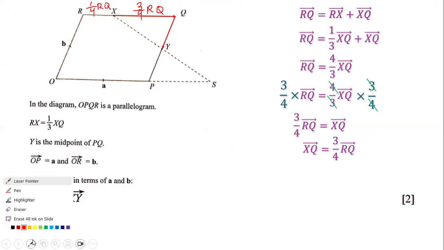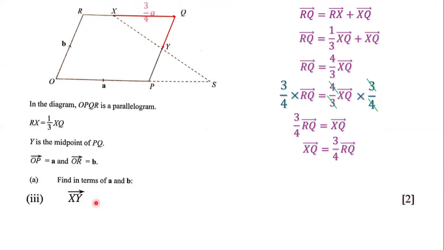The reason why it's useful is because, let me erase our ink, when we come here, we know that this whole line right here, OP, and RQ, they're the same thing. Both of them are a. So what does that mean?